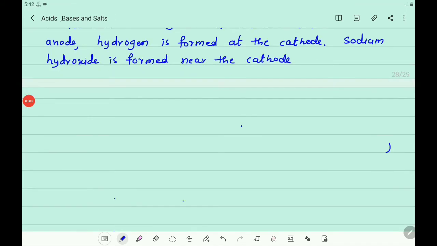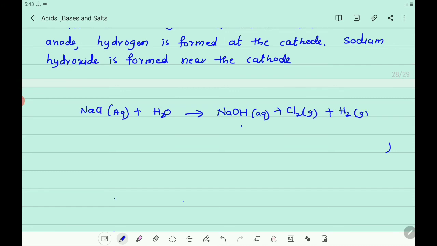So write the chemical equation. Here NaCl aqueous solution reacts with H2O, gives NaOH, that is also an aqueous solution, plus Cl2, which is gas, plus H2, that is also gas. So let us balance this equation.